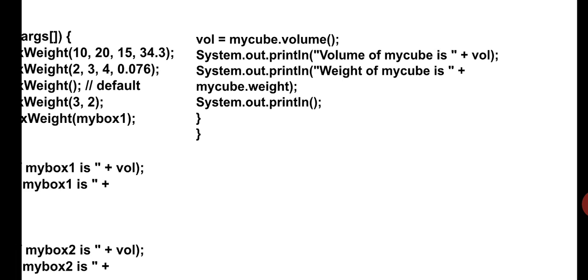That value will be passed to the super constructor of the superclass, which is box of double len. That will be invoked, and that len will be passed there. After calculating, you get some value, and you are printing the value of my cube dot weight also. That is nothing but 2. You are printing 2, you are getting the output 2.